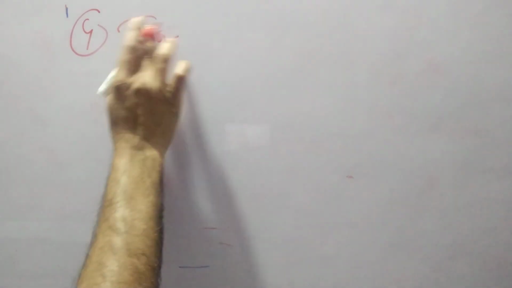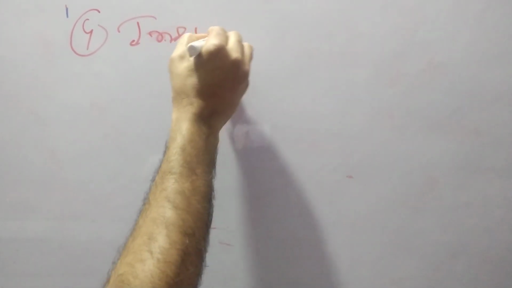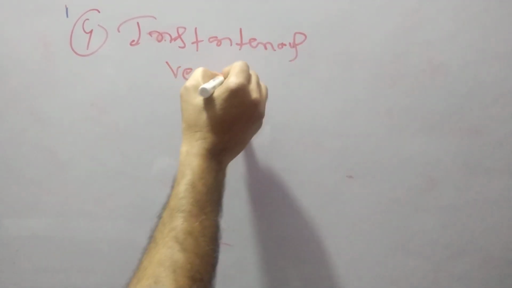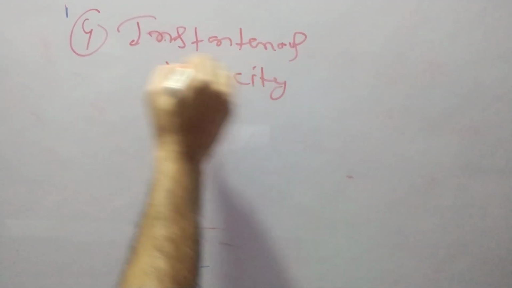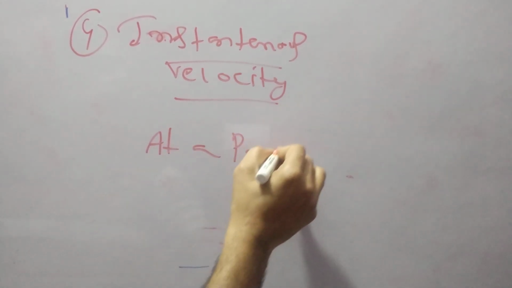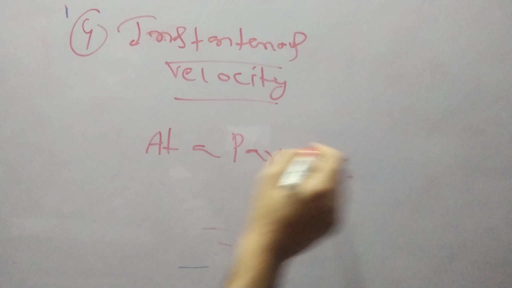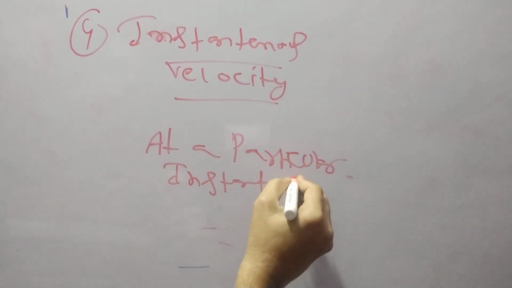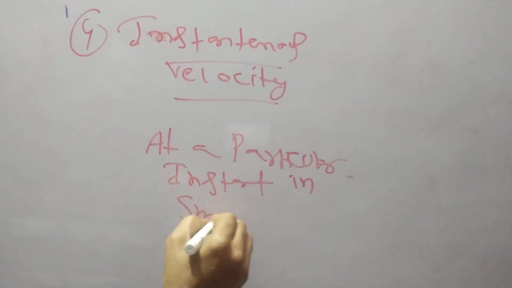What is the fourth one? Instantaneous velocity. At a particular instant, in a small interval of time.